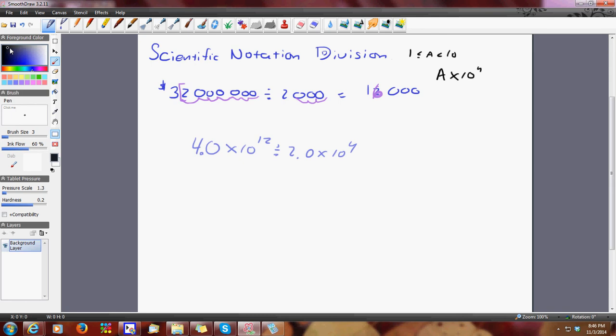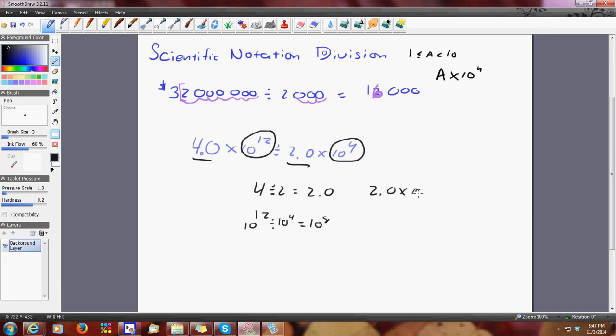Like I said, the first thing you do is you divide 4 by 2, and then you subtract the exponents: 10 to the 12th divided by 10 to the 4th gives you 10 to the 8th. So it's going to be 2.0 times 10 to the 8th.